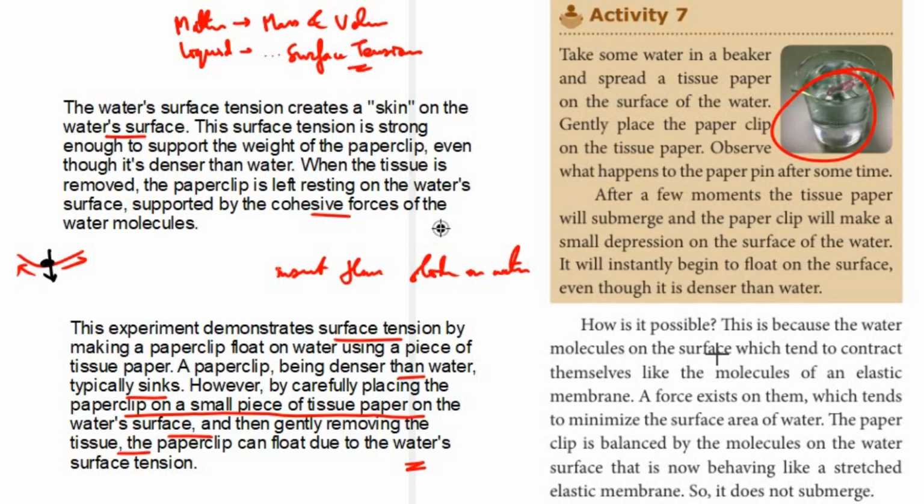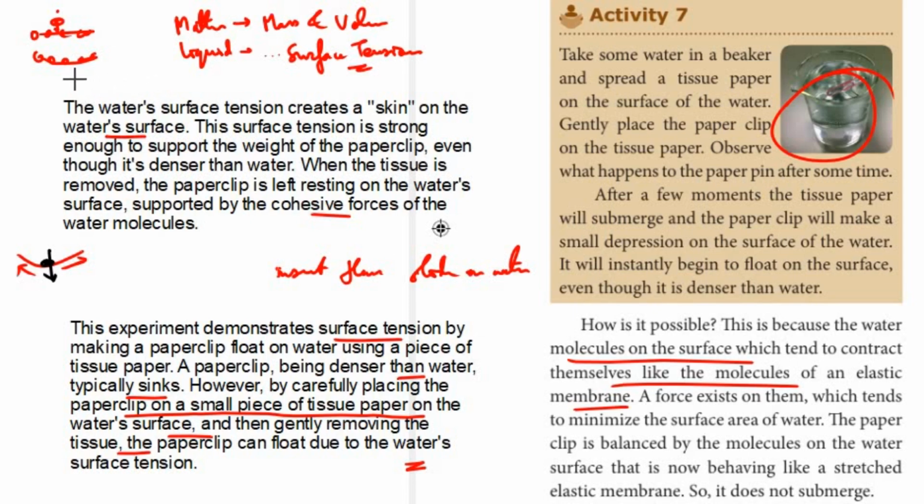Okay, so as I have been explaining, this whole activity, this flotation of the pin, is happening because the water molecules on the surface tend to contract themselves like the molecules of an elastic membrane. So if these are the water molecules together, then as a result of the weight of the pin, they are somewhat stretched, but still they are connected by the intermolecular attractive forces.